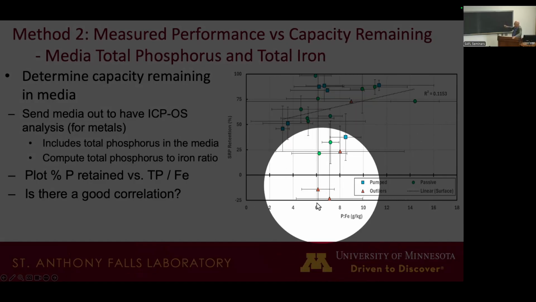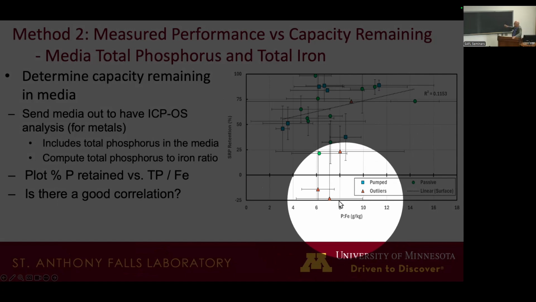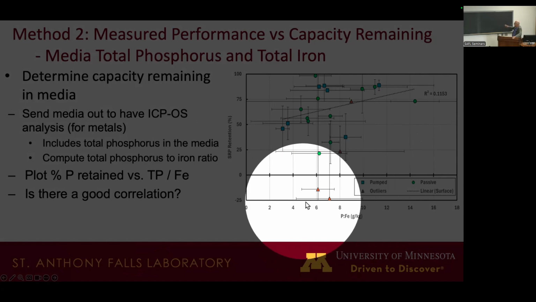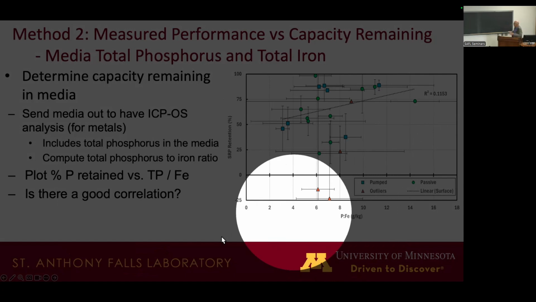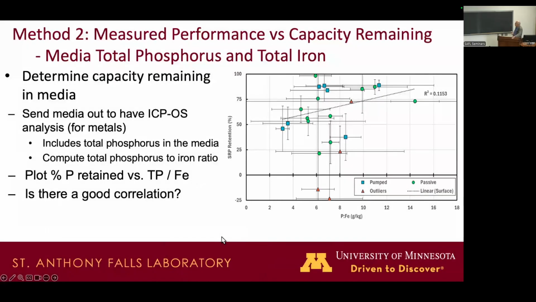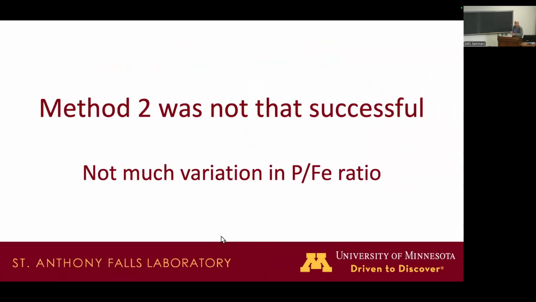It only goes from about 8 to 4 for much of the data. So it really didn't spread itself out. And that's too bad, because that would be a great thing to do, just send it off. So method two was not that successful. Maybe it will become successful in the future when we get more data, I don't know. But it wasn't that successful in our analysis because there was not much variation in the total phosphorus to total iron ratio.